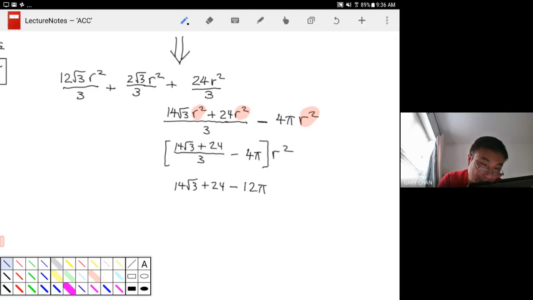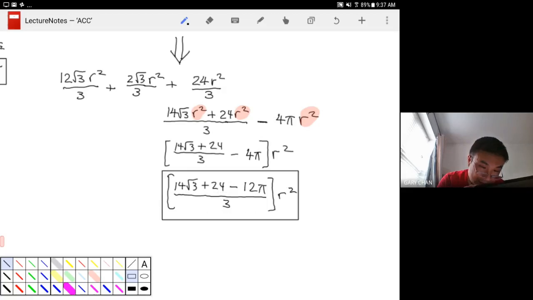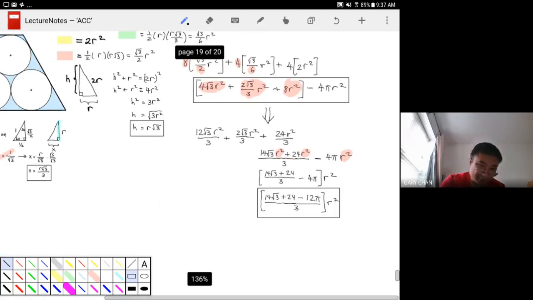Because I'm multiplying 4 pi by 3 over 3. And it's all divided by 3. And this, ladies and gentlemen, is a very concise answer that Miss Rosen would accept as a final statement.